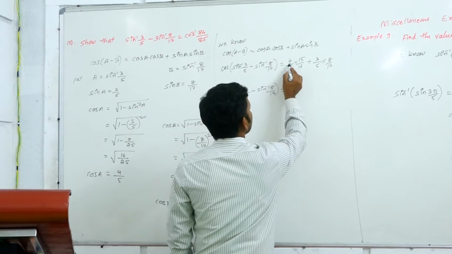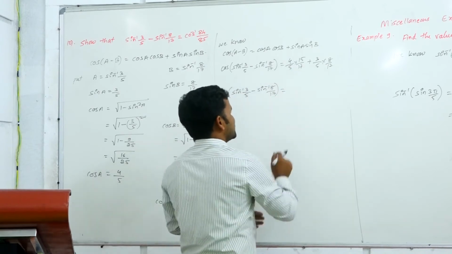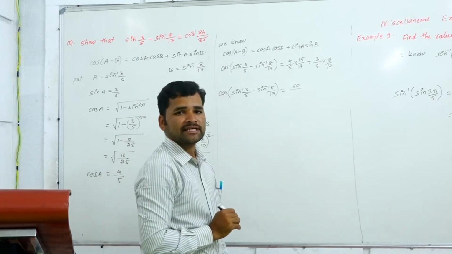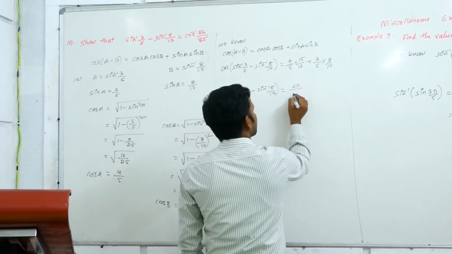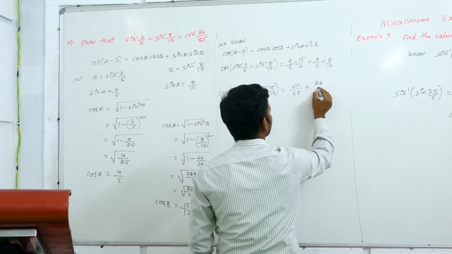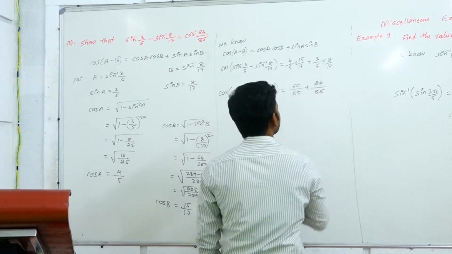Which is equal to 4 into 15 is 60 by 5 into 17 is 85, plus 3 into 8, 24, divided by 85.